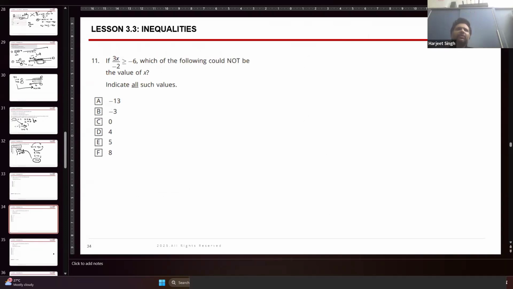Now, can you solve this, please? If you observe the question properly, this is a negative question they're asking. They're asking which of the following could not be a value of x. Which means they're asking for not a solution, so it will lie outside the range of the inequality.